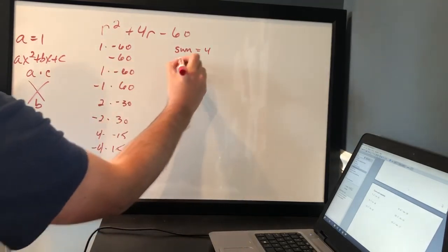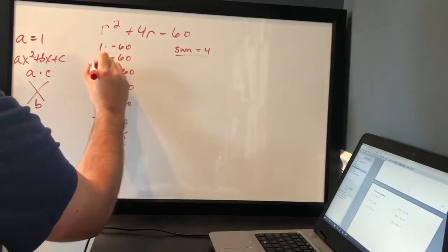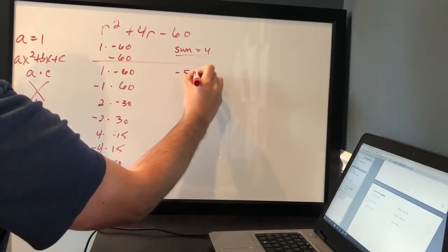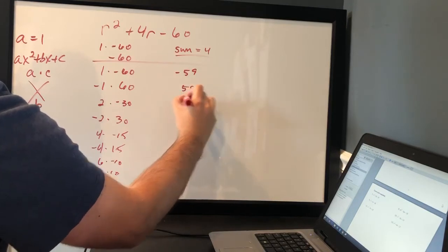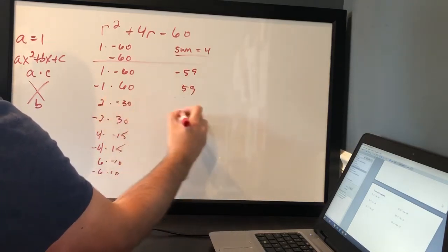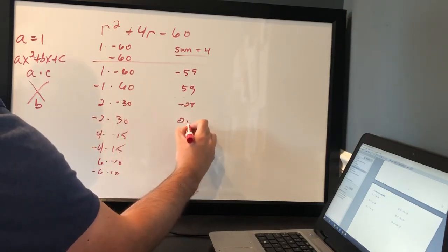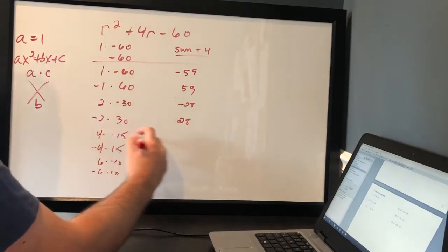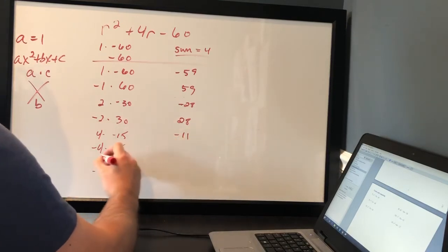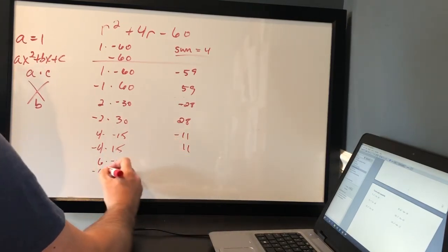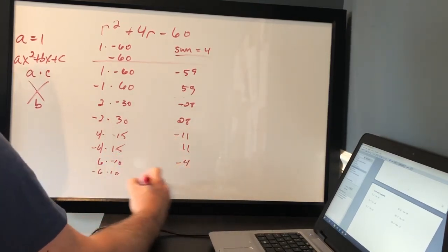Let's look and see here. Our sum for the first two would be negative 59. 2 and negative 30 would add up to negative 28. 2 and positive 30 would be 28. 4 and negative 15 is negative 11. Negative 4 and 15 is 11. 6 and negative 10 is negative 4.